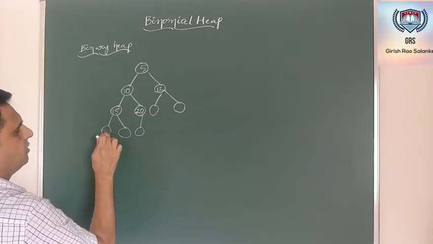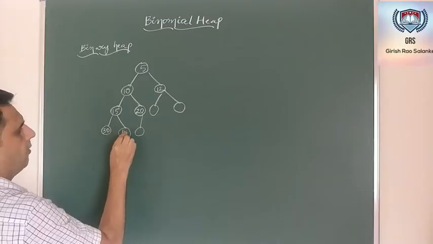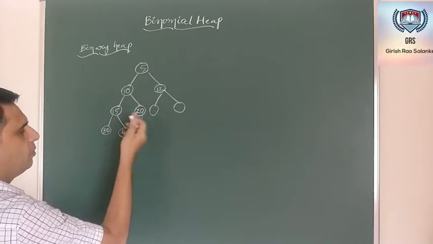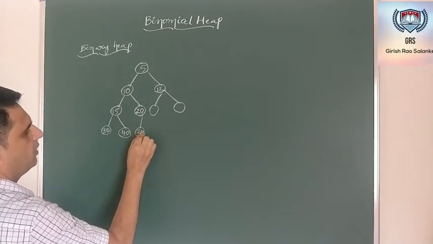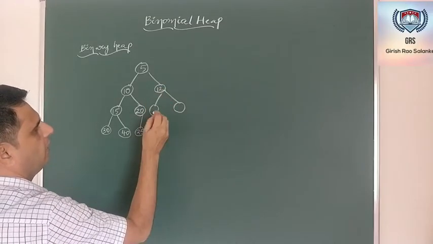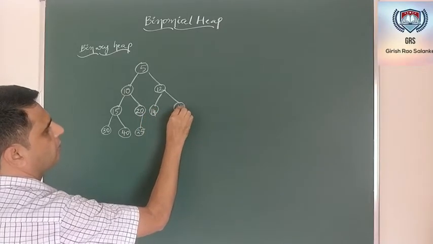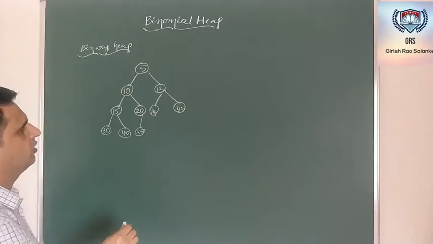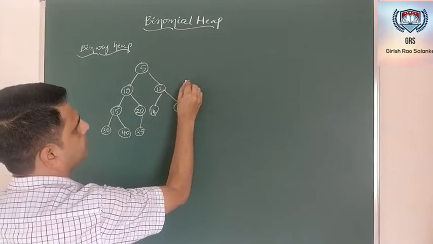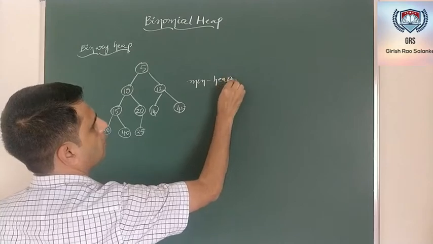Now 15's children should be greater than 15: 30, 40. 20's children should be greater than 20, there is only one child. Now 12's children should be greater than 12. Now I can have 14, I can have here 45. So you see that this is a min heap.